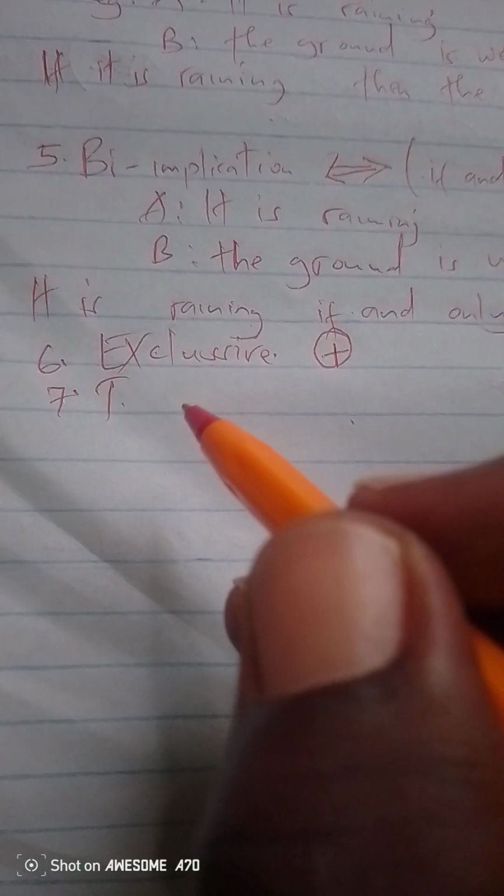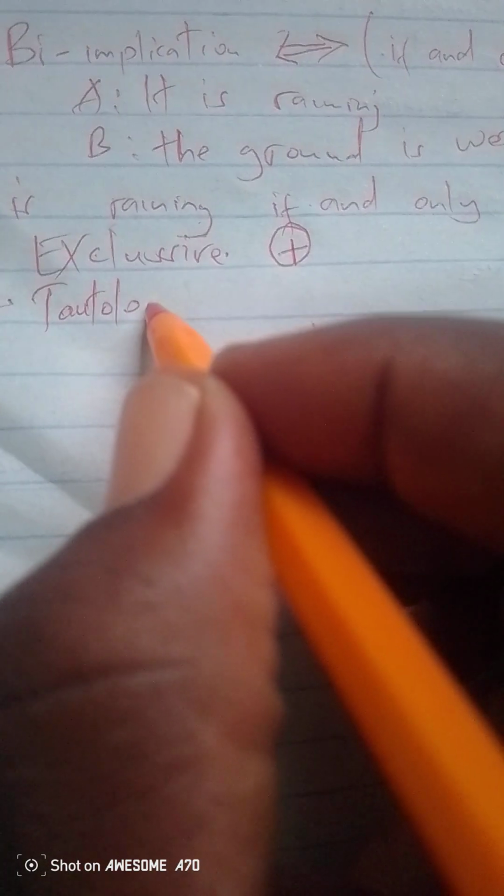It should be negative. So these five ones, they are the ones that we can represent in a verbal statement meaning. But we have exclusive, we have this one called tautology, and we have this one contradiction.